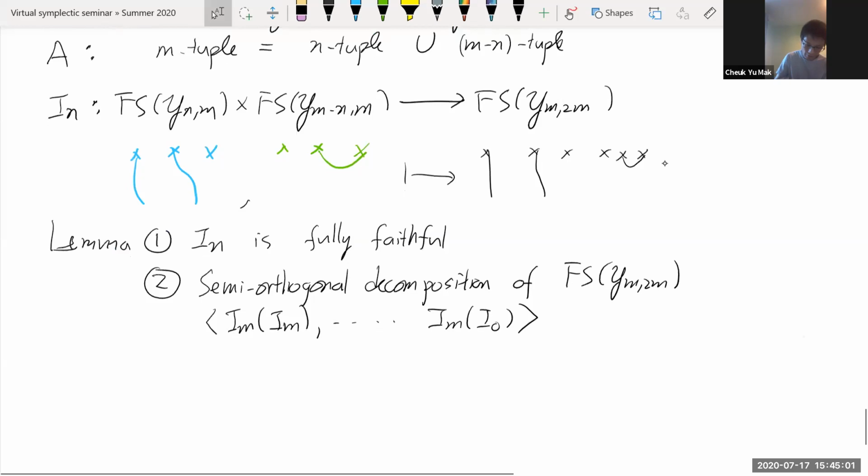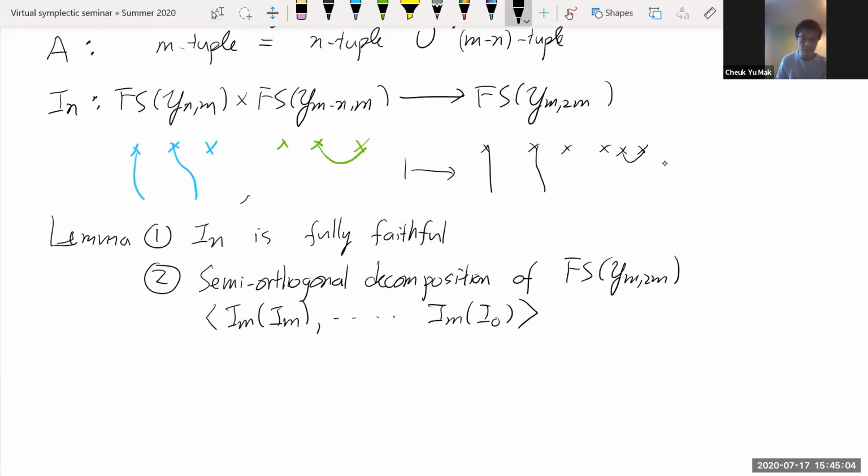The reason why we have such a directness between the essential images is very simple.